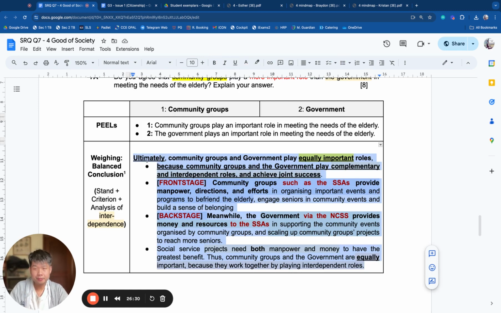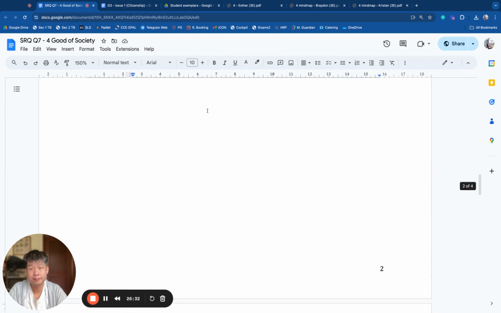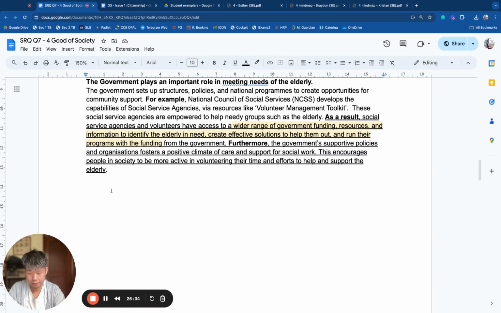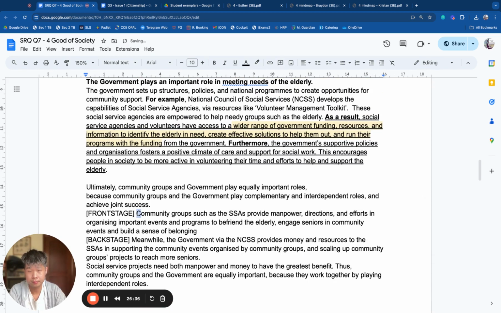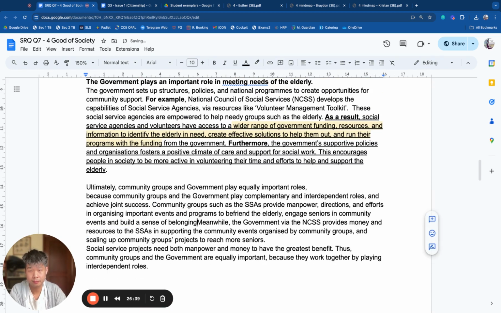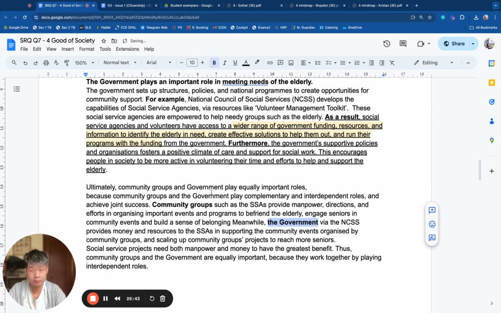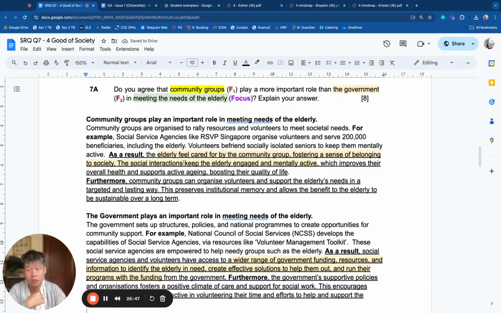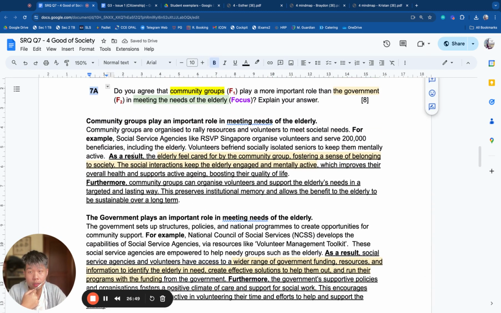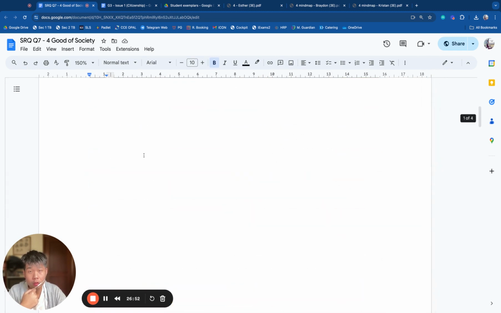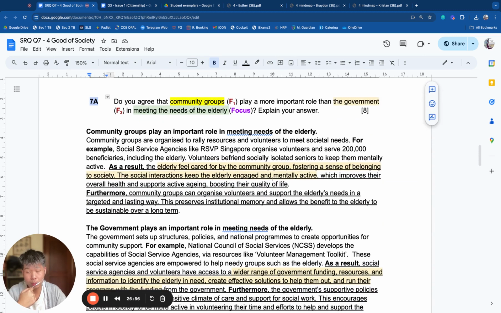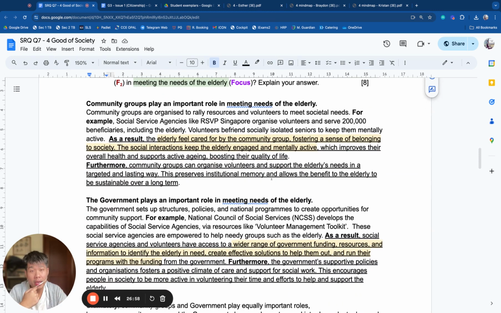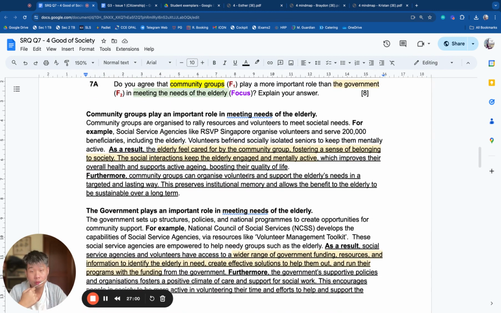Homework. First, you will copy question 7a, both completing the worksheet tables that I've deleted, both writing in the tables and writing this essay on foolscap.